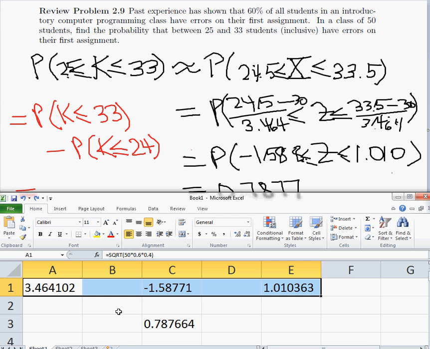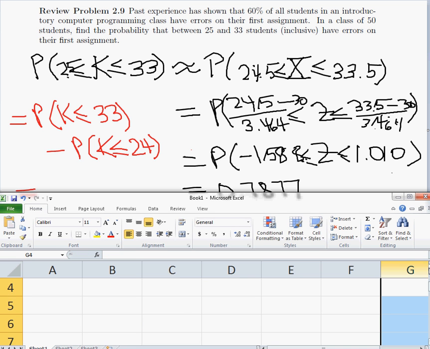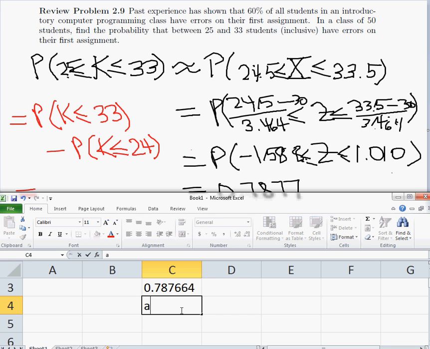So let me type that over here. That's the approximate answer using the bell curve.